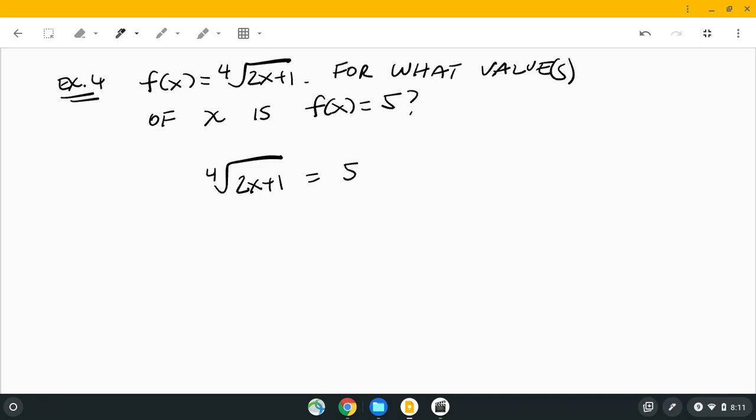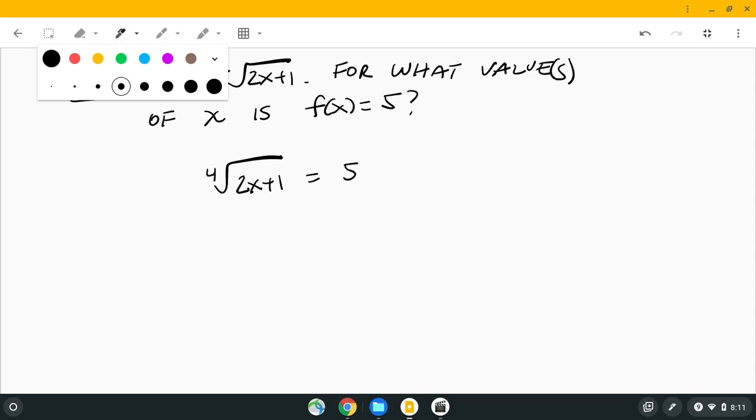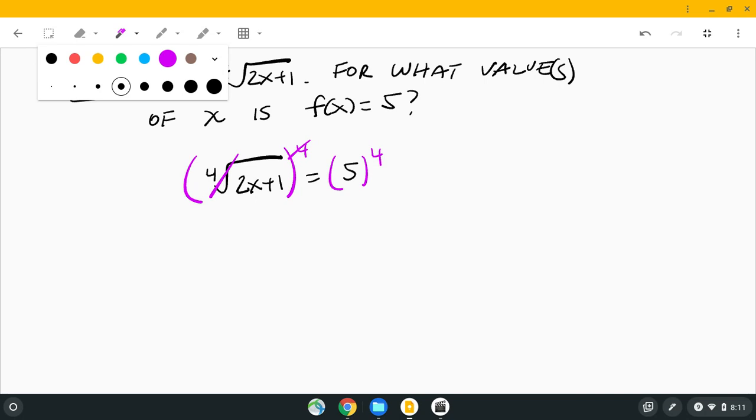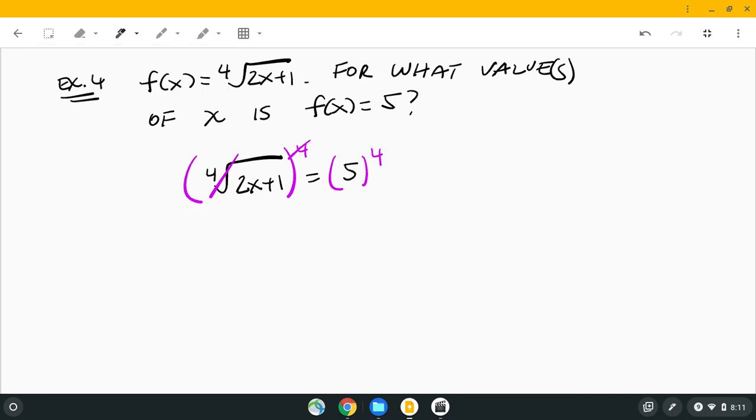All right, so the radical is by itself. So I'm going to go ahead and use the power 4, and that will cancel out the radical. And then here I have 2x plus 1. And 5 to the fourth power is 625.